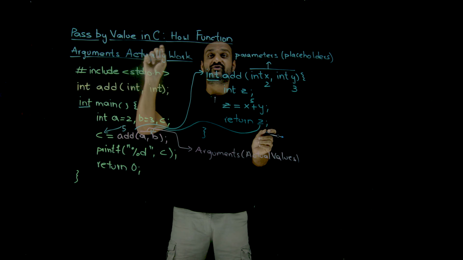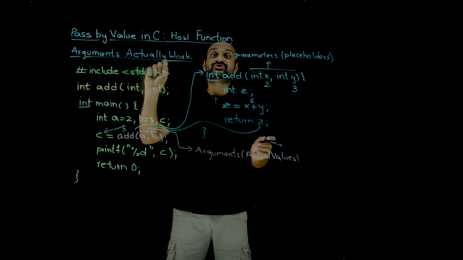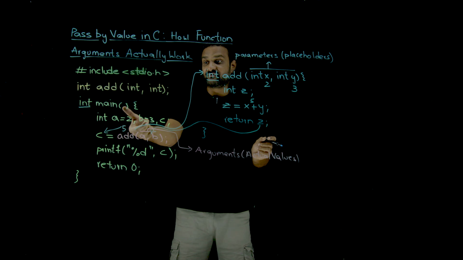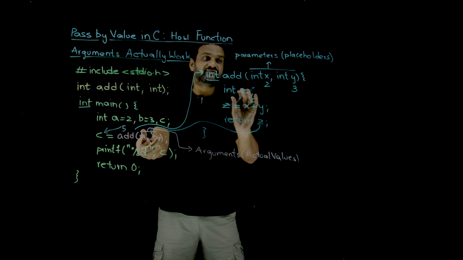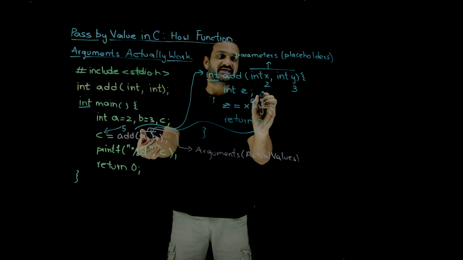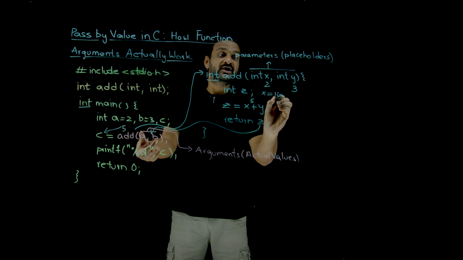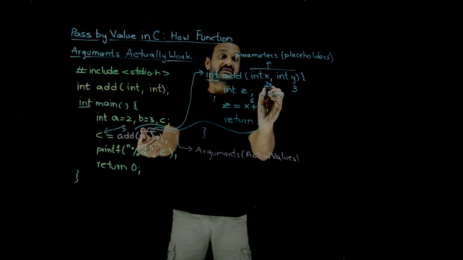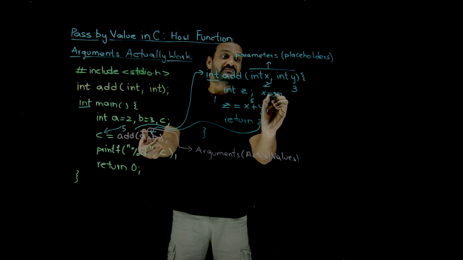The actual values will always remain as 2 and 3. For example, let's assume that I changed the value of x to 10 within this definition. Now the value of x has been changed from 2 to 10.